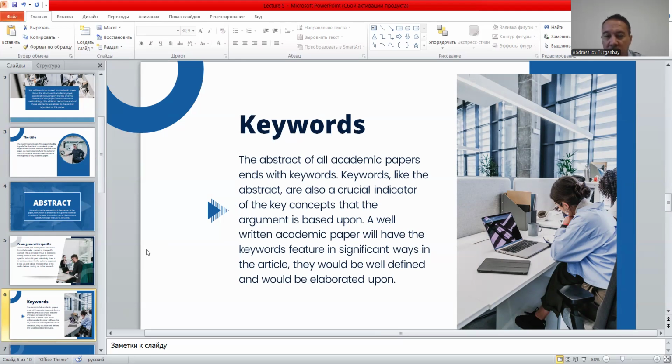For example, if an academic paper is about Turkestan city, the keywords are going to be Turkestan, city, touristic, religious, etc. So these are the keywords in academic writing, and they play an important role in a research paper.